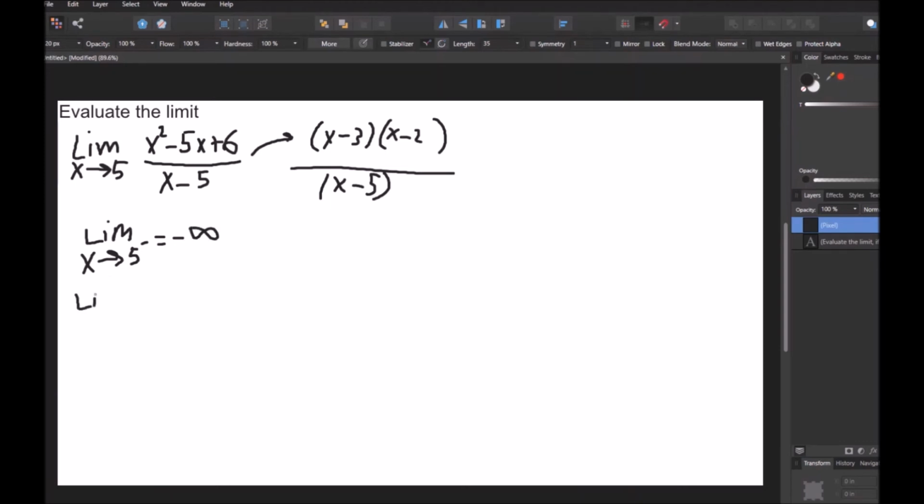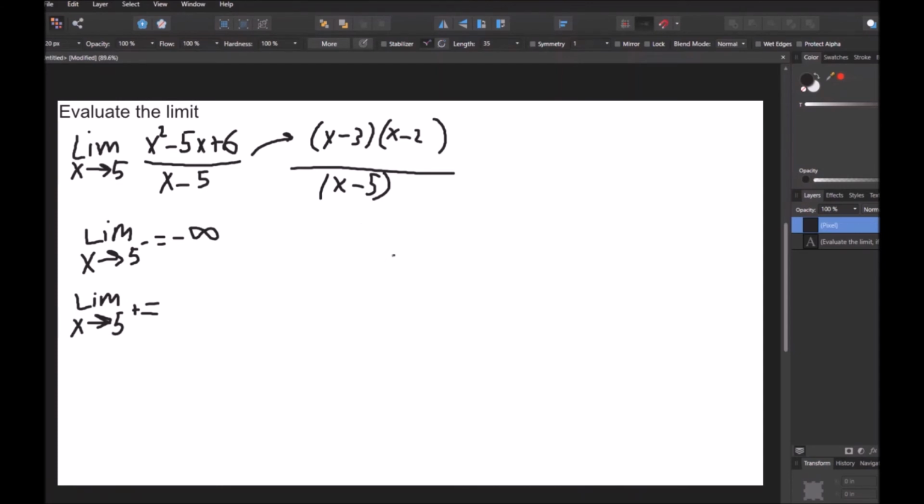And the limit as x approaches 5 from the right. So we're going to be plugging in numbers that are slightly larger than 5. So like 6, for example. 6 minus 3 is a positive number, 6 minus 2 is a positive number, and 6 minus 5 is a positive number.